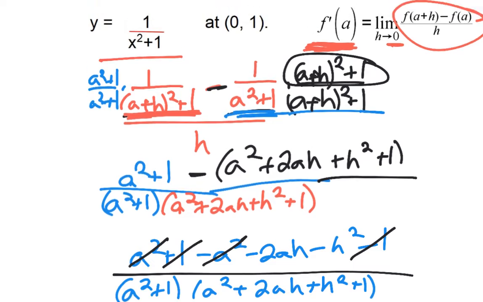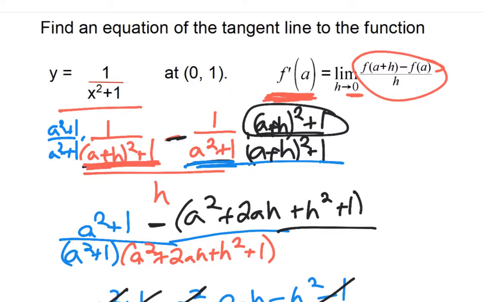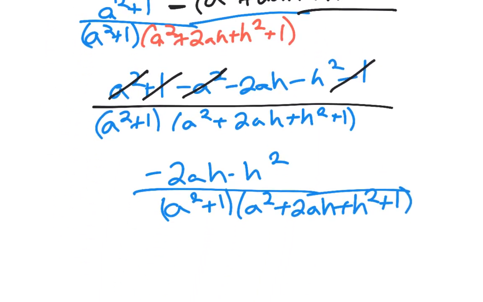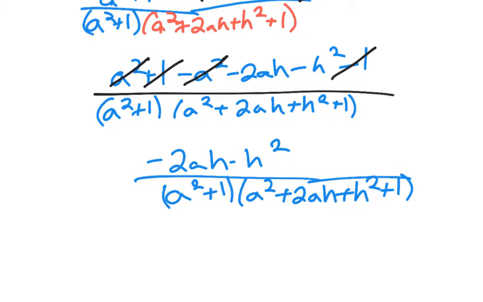So if I look back up here, my difference quotient here is that all divided by h. So I'm going to go down here and now put it right here, because the divided by h was in the bottom, it was in the denominator, so I just put the h in the denominator. And I'm going to reduce.